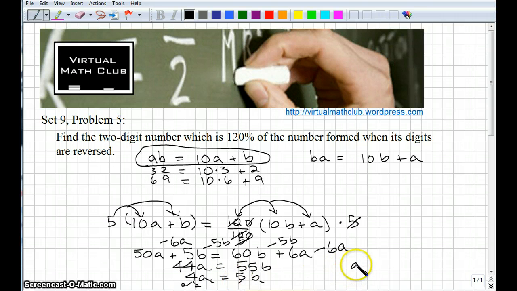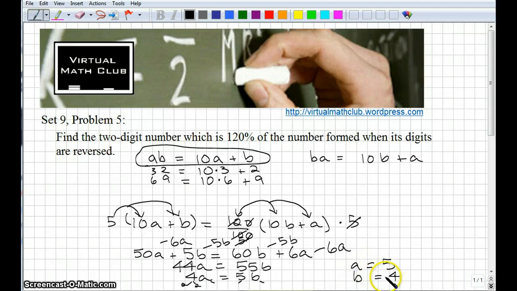So a has to be 5, because I only have factors of 2 and 2 over here. And b has to have a factor of 4, and all I have is this 5, which doesn't have a factor of 4, so b has to be 4. Those are the only digits that'll work. There are probably other numbers that will work, but they'll be bigger than digits.